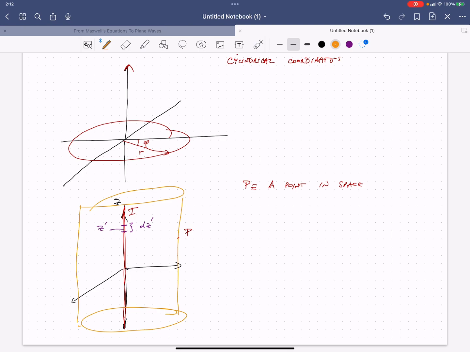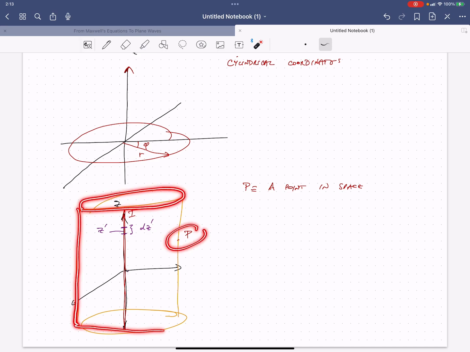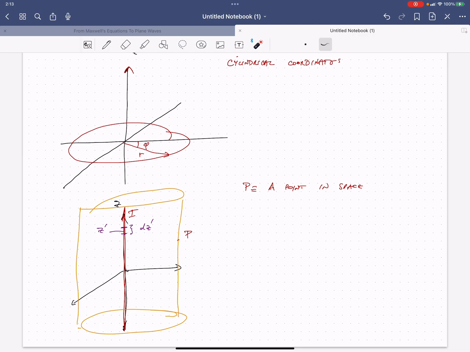If you have current flowing here, we know the magnetic field is going to be cylindrically symmetric around it. So all points on a particular cylinder will have the same magnetic field. The whole surface of the cylinder around it looks exactly the same.